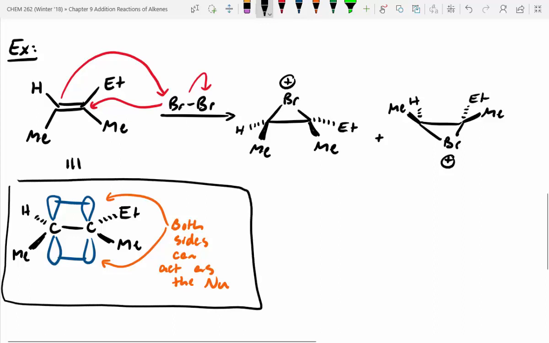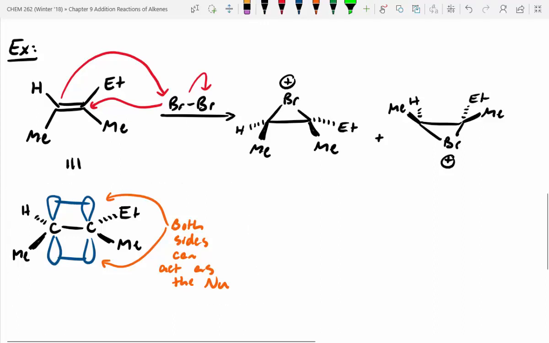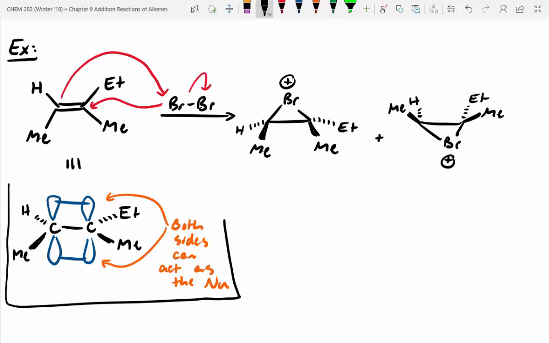What's the relationship between them? I'm going to make this smaller. Are they diastereomers? Are they enantiomers? Are they identical? What do you guys think? Not quite.